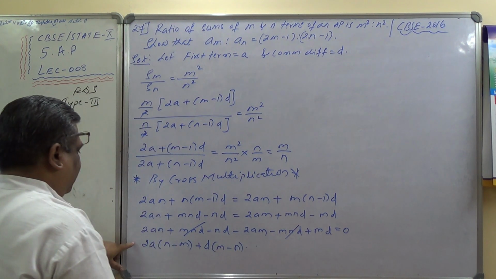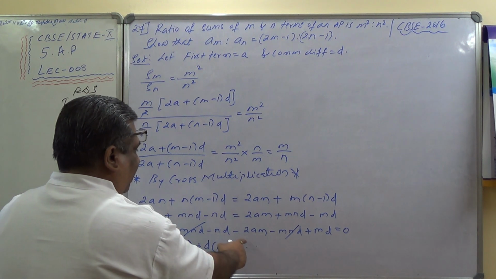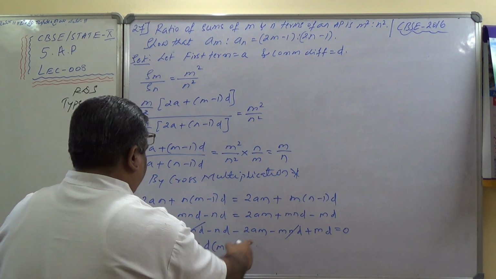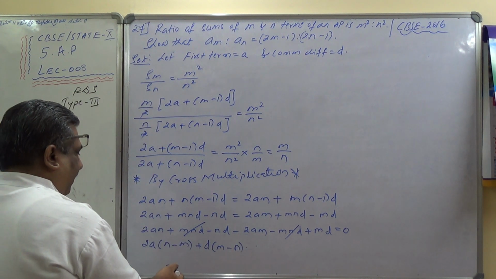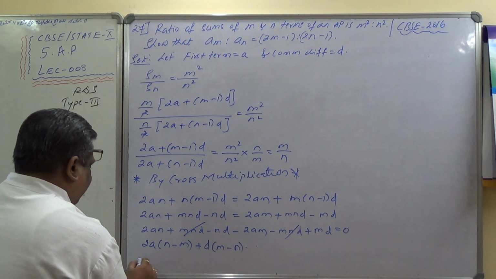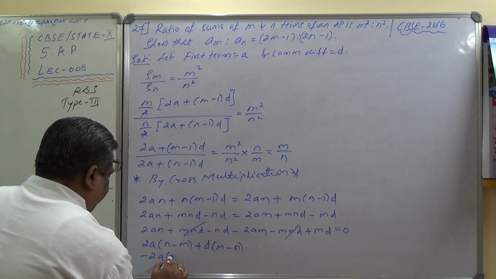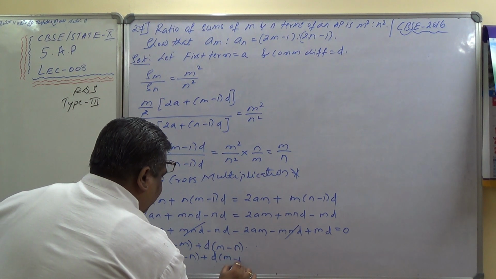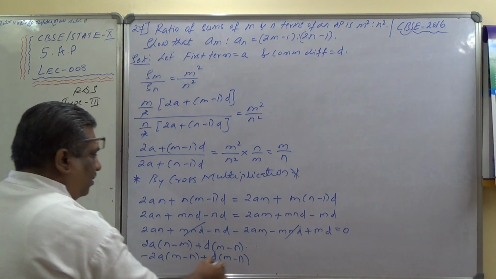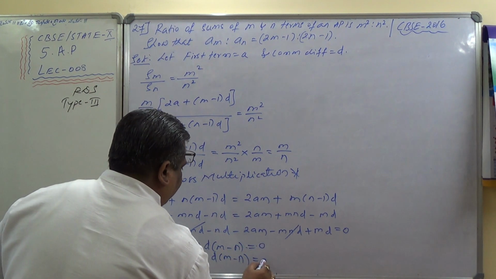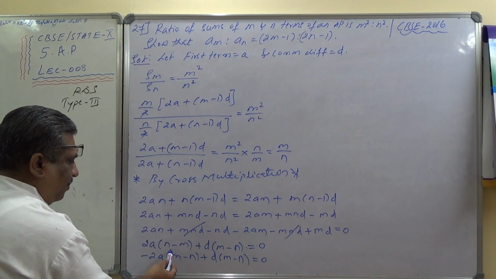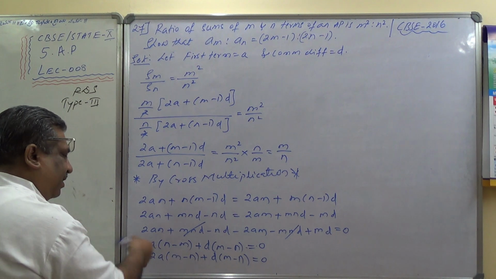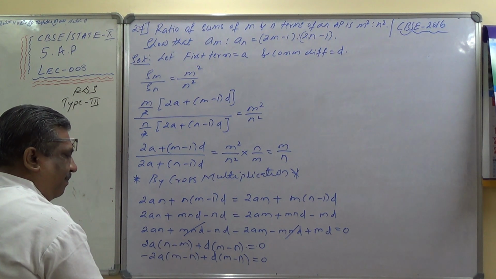Let us check. 2an minus 2am, correct. So I'll take minus 2a times m minus n plus d times m minus n. Why did I do so? This equals 0, please remember. I wanted both terms to have m minus n. Here it is n minus m, so minus 1 I have taken out, it becomes m minus n.